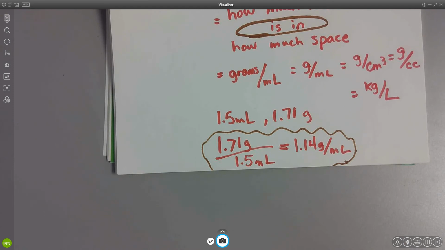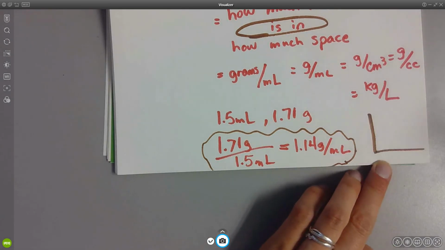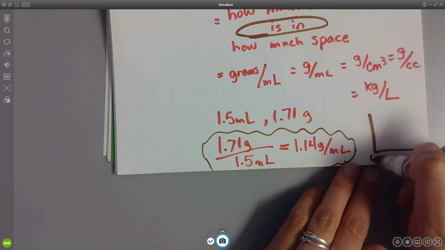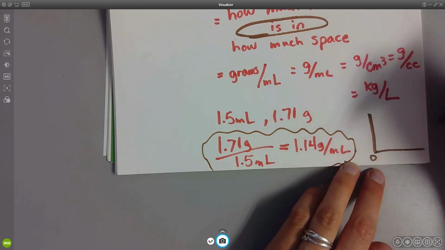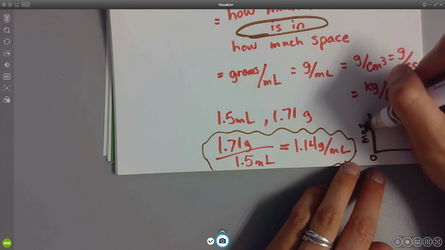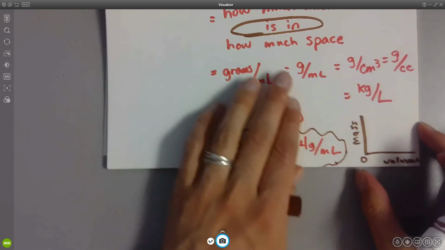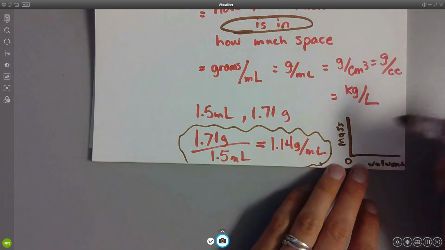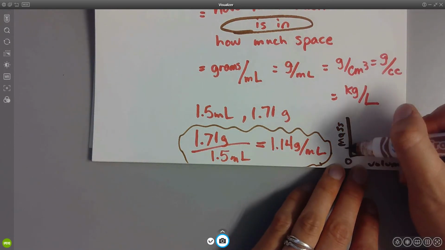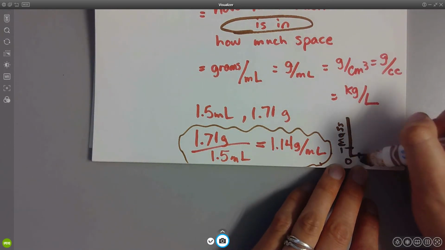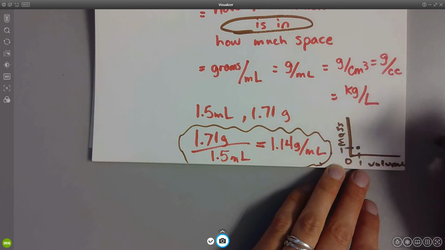Okay, so what you should see on your graph is that if this is 0 and mass goes up, it goes up 1, if this is 1. It'll also go over about 1.